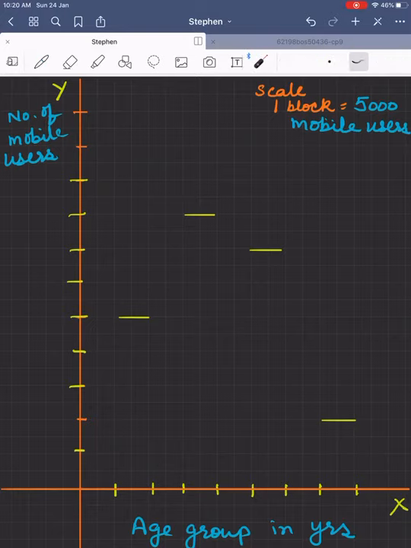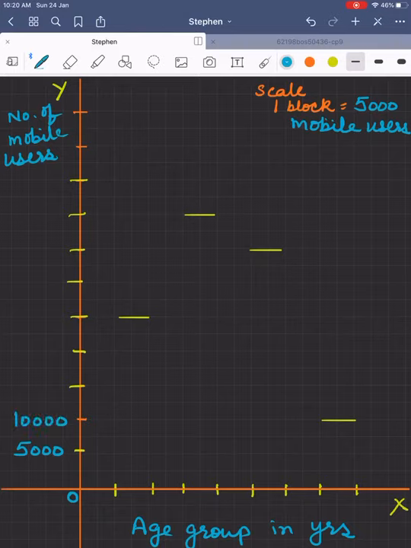Now, where the two axes meet, that point is called the point of origin. And here value is 0. Now, we take first block, that is 10 small divisions as 5000. Second block as 10,000.